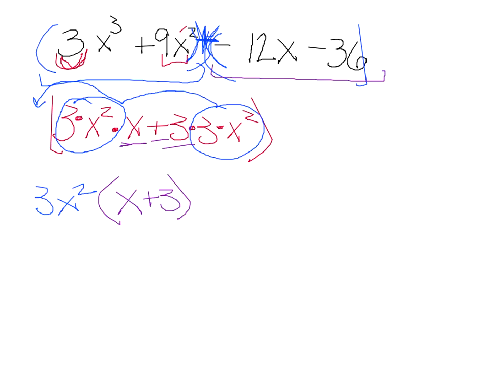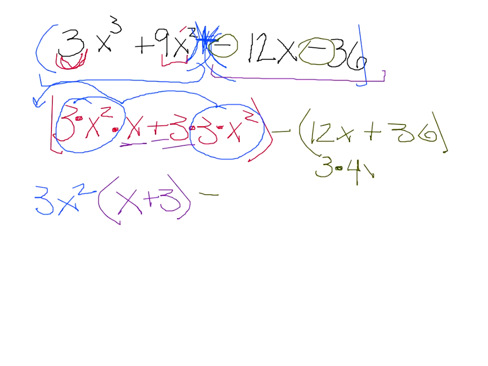Now, going to look here at this set of parentheses, I have a minus in both places, so I can pull that out. So I get 12x. Now if I pull this minus out, it becomes plus 36. Now 12x can be factored into 3 times 4x.